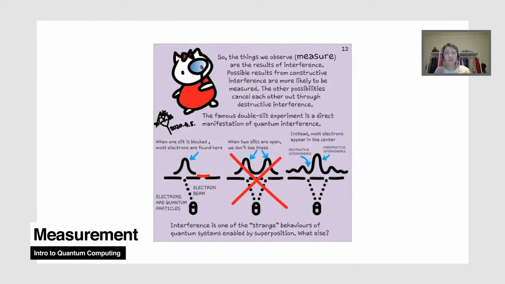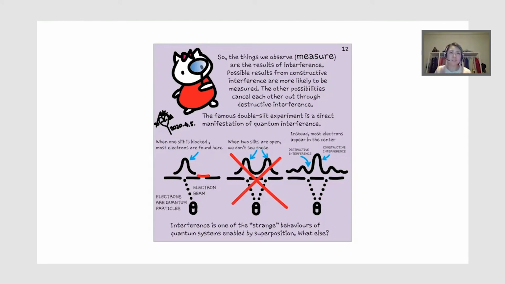It's not just something that we cannot observe because quantum mechanical systems typically are on a very small scale and very cold. There are actually measurements that we have observed that directly express this interference. For example, the very famous double slit experiment.